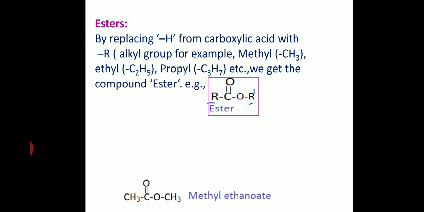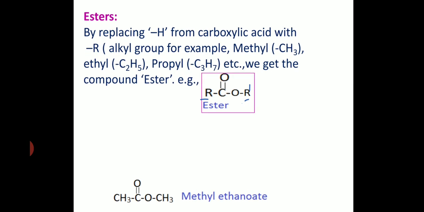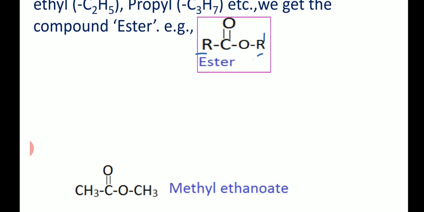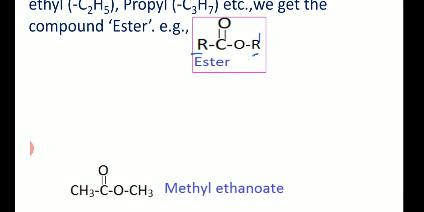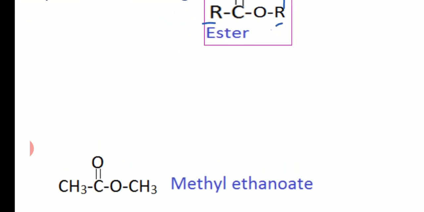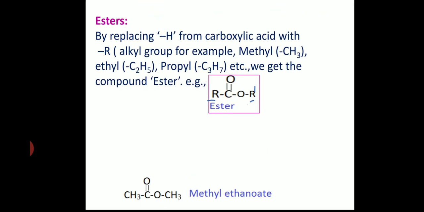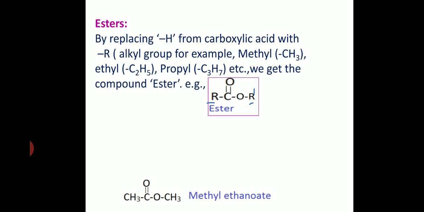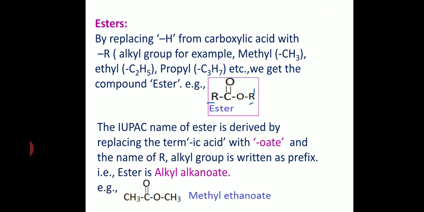Example, in place of both R's we have taken the same CH3 group. Now, how does this name arise? See the IUPAC rule. The IUPAC name of an ester is derived by replacing the term ic acid with ate, and the name of the alkyl group is written as prefix. That is, ester is alkyl alkanoate.